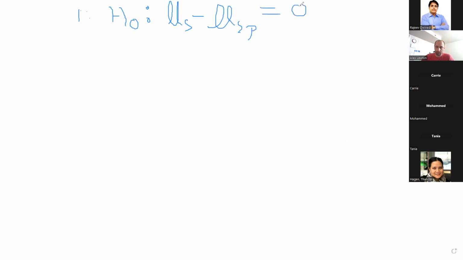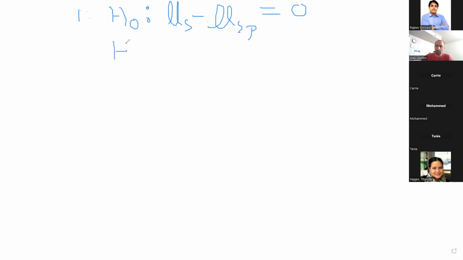Null in theory means 0, nothing. So the difference between Spokane housing prices and Seattle housing prices is almost the same. If both are the same, then there is no difference. Therefore, it is called the null hypothesis.